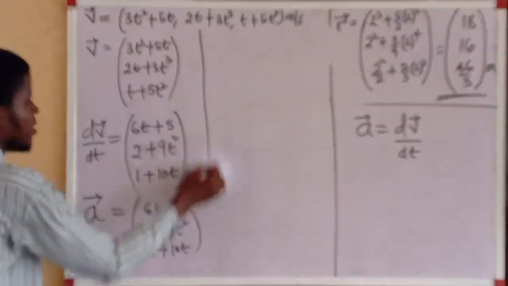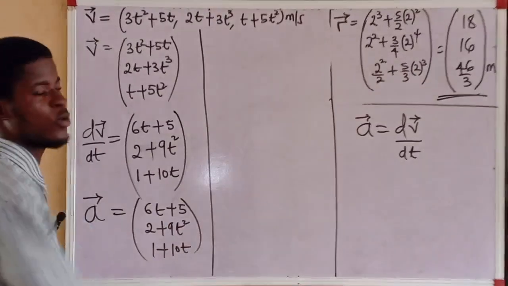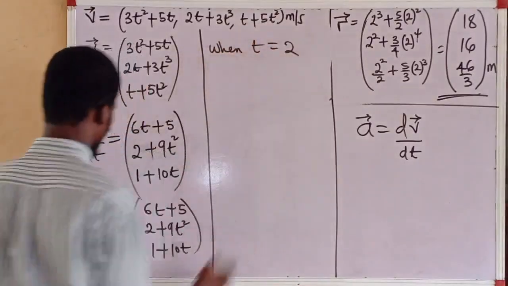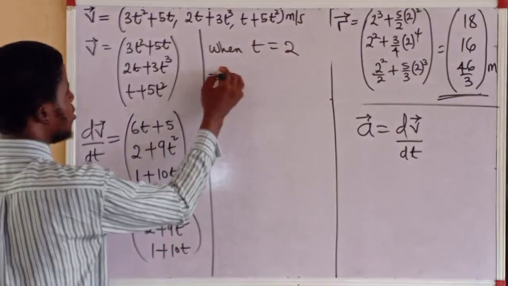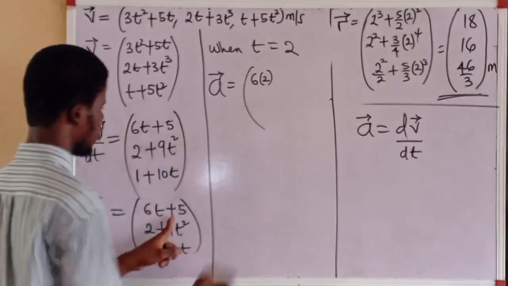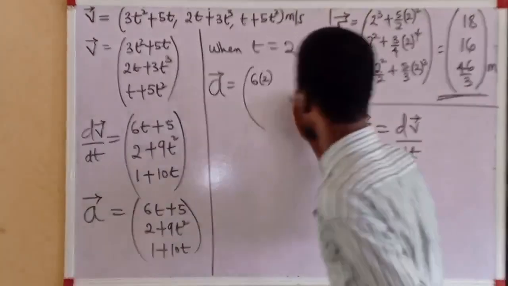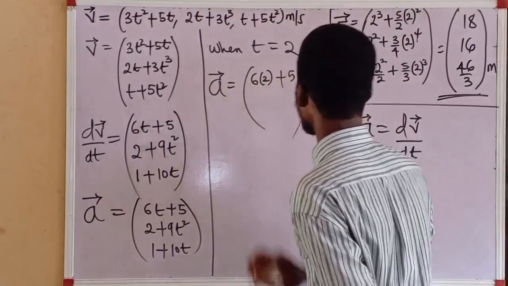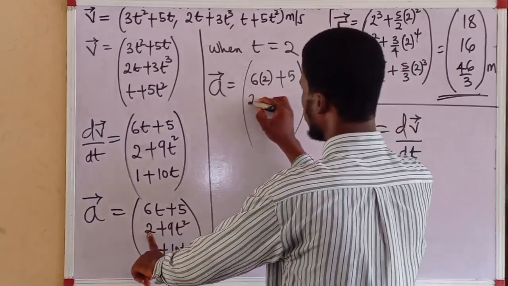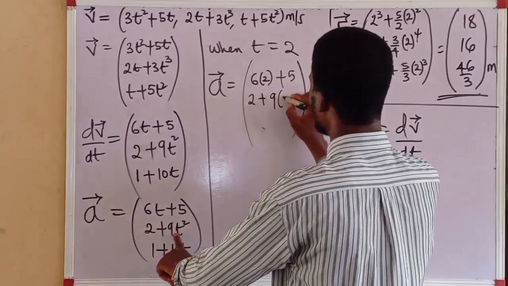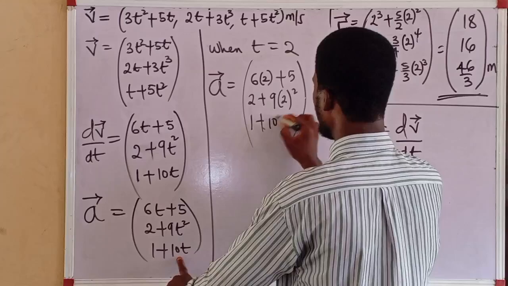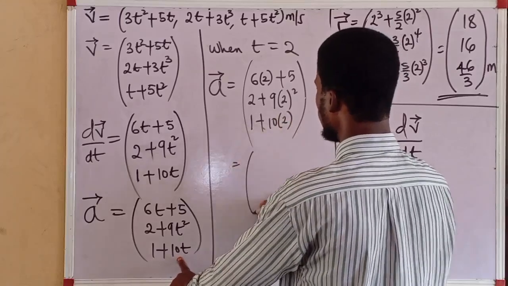So what is the acceleration of the particle when t is equal to 2 seconds? When t is equal to 2, the vector is 6 into 2 plus 5, 2 plus 9 into 2 squared, 1 plus 10 into 2.